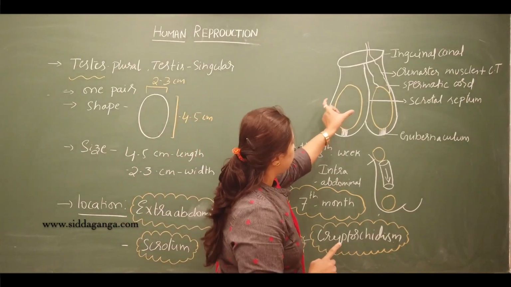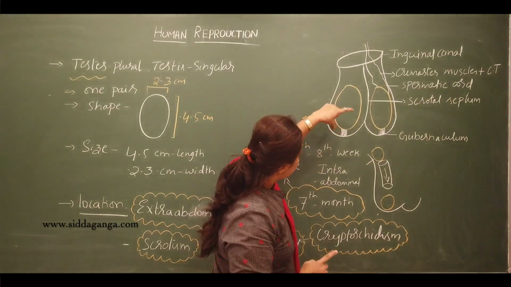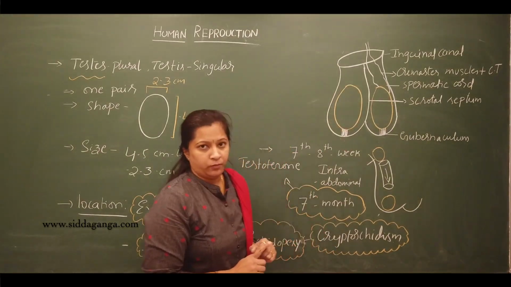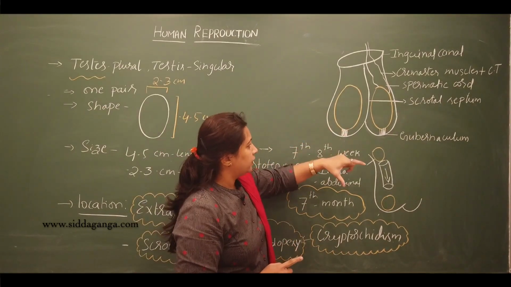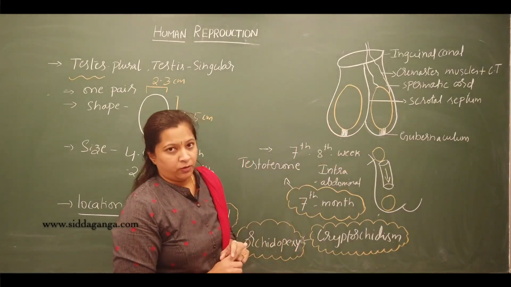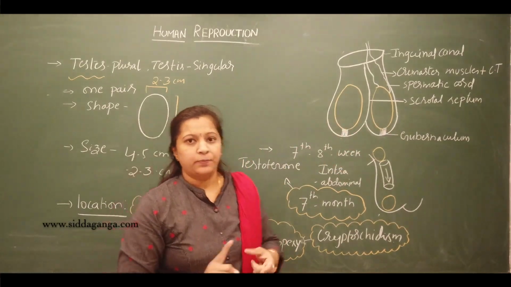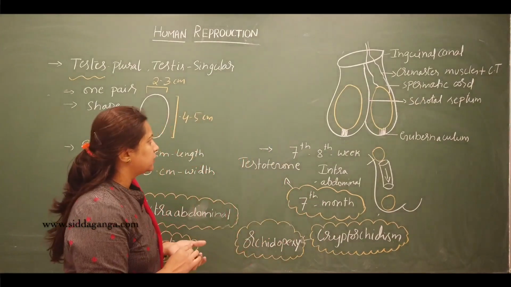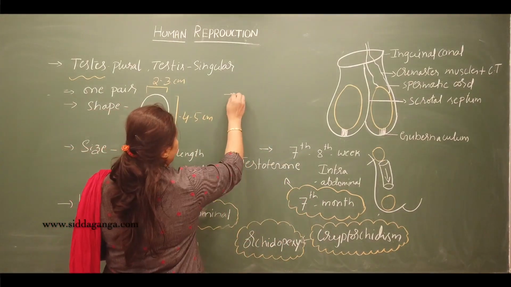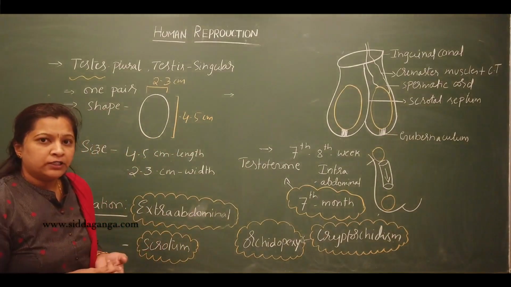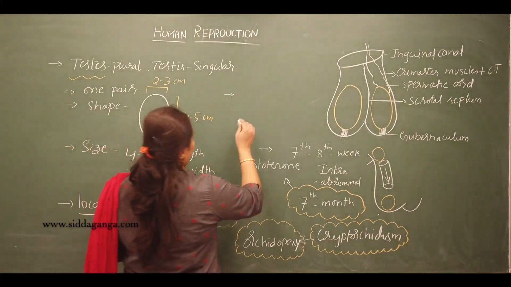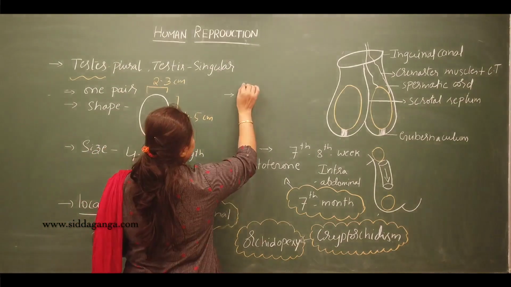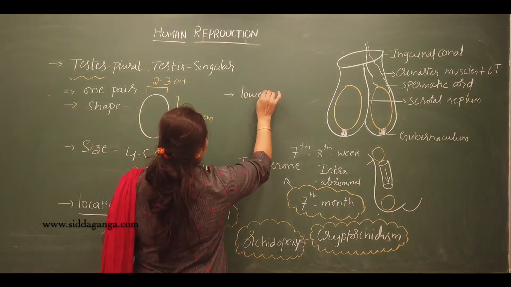Now, what is the need for the testis to be present in the scrotum? This is because the spermatogenesis process, that is, the formation of sperms, requires a lower temperature.